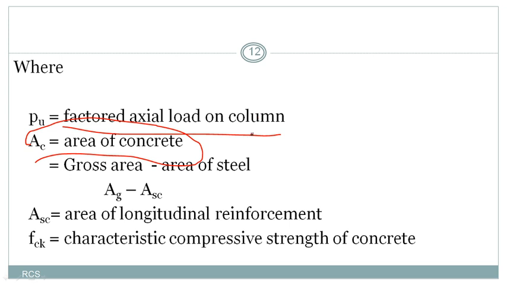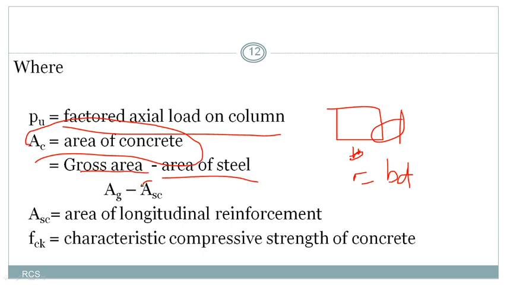Once you know the gross area of the section, suppose you have a rectangular cross section of a column, this is B and this is D. The gross cross section area is B into D. If you deduct from the gross cross section area the area of steel, that is Asc, the area of longitudinal reinforcement, we will get the area of concrete alone.